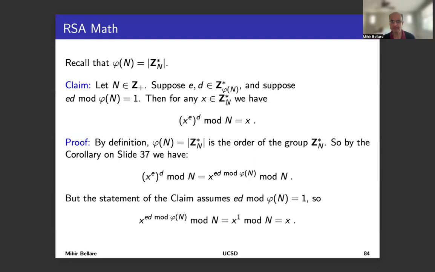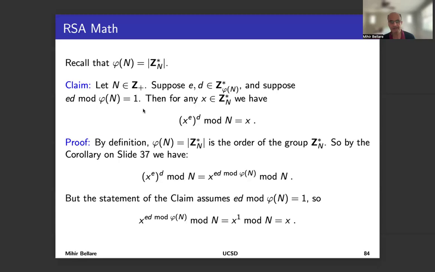Since I'm working in this group, that's taken mod n. And finally, the conclusion of the claim is that when you do this operation, you just get x back. So raising to the e'th power and then taking the result to the d'th power, when done in Zn star, gives you back x, assuming E and D satisfy this. So we'll see this a lot.